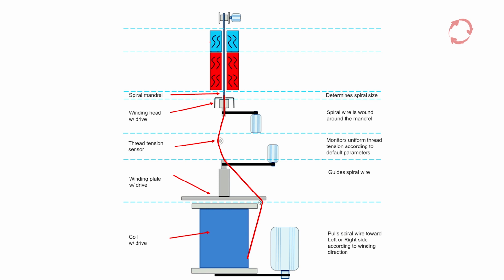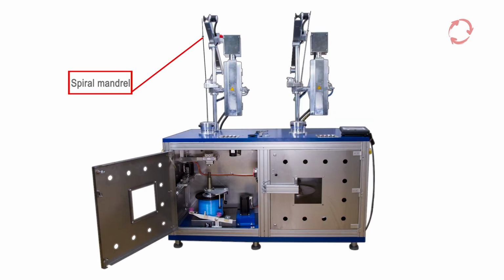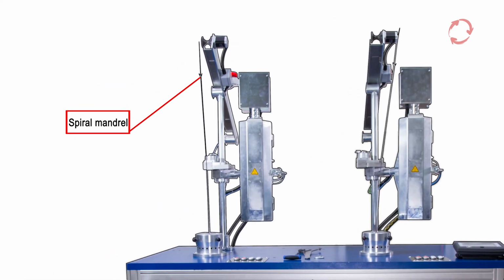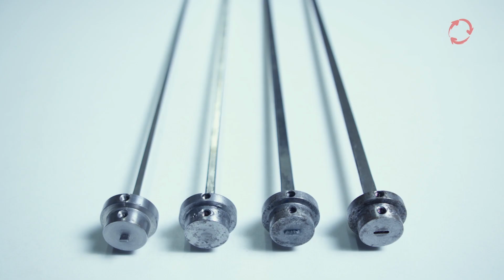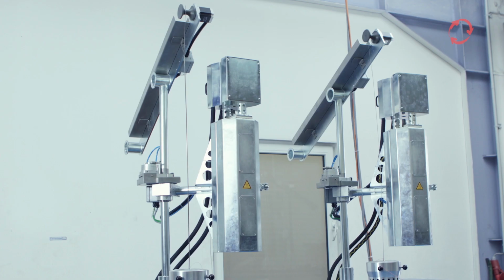Depending on the type of spiral wire used, dimensions and material, and the predetermined spiral dimensions, spiral mandrels with various dimensions can be used. The spiral wire wound around the mandrel through the winding head heads up the mandrel as a spiral with each rotation. The length of the mandrel passes through the heater to just below the pull-off roller at the top of the machine.